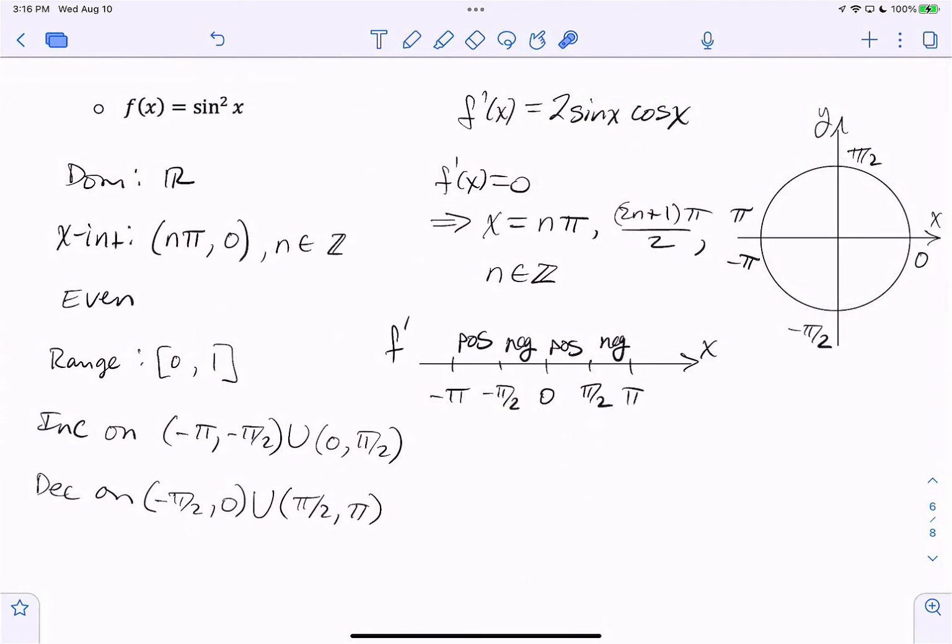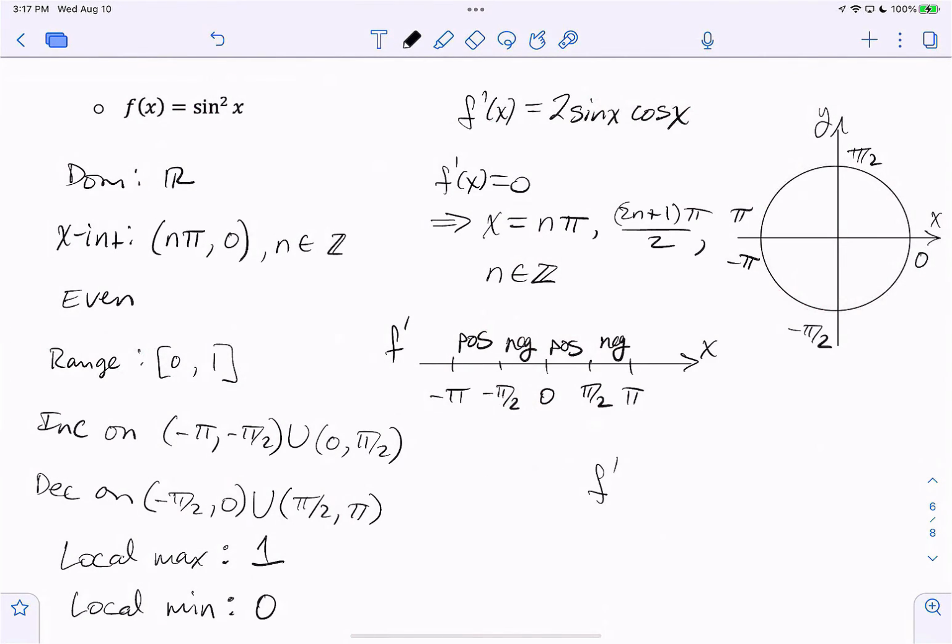And you can see that positive to negative here around negative pi over 2, so we have a local maximum, and then negative to positive around 0, so we have a local minimum. But we already know what the local max and local min are. We'll just write it down. Local maximum is 1. It happens a bunch of times. Local minimum is 0. It happens a bunch of times.